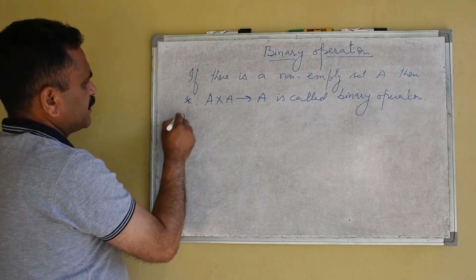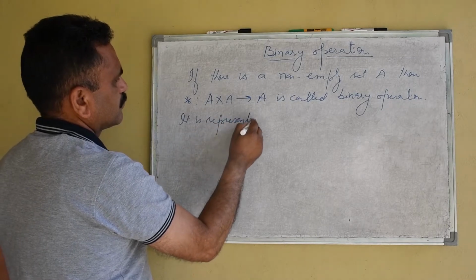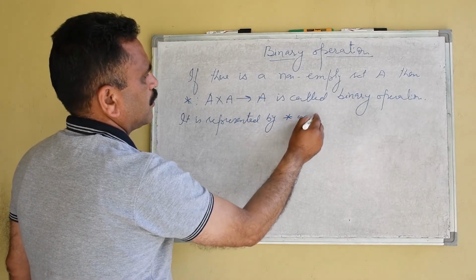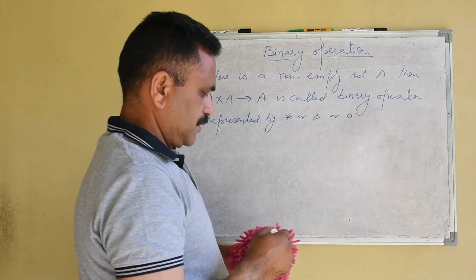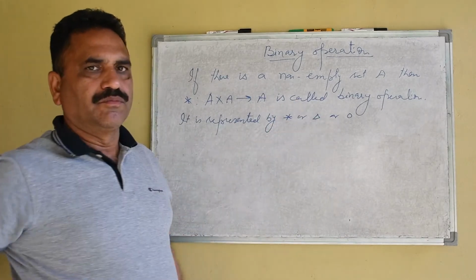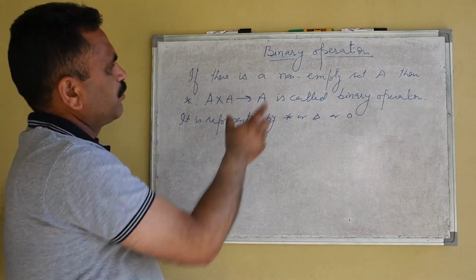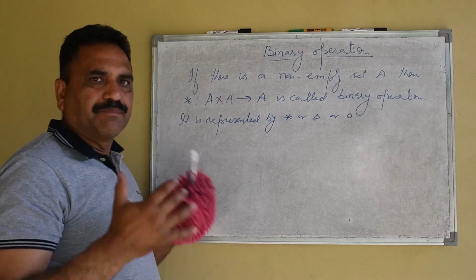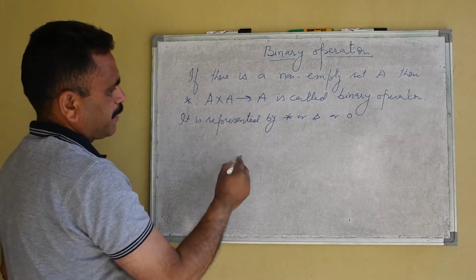It is represented by star or del or not, or sometimes it may also be represented by other signs. So what is binary operation? In this operation, the Cartesian product of any set with itself is associated with itself.